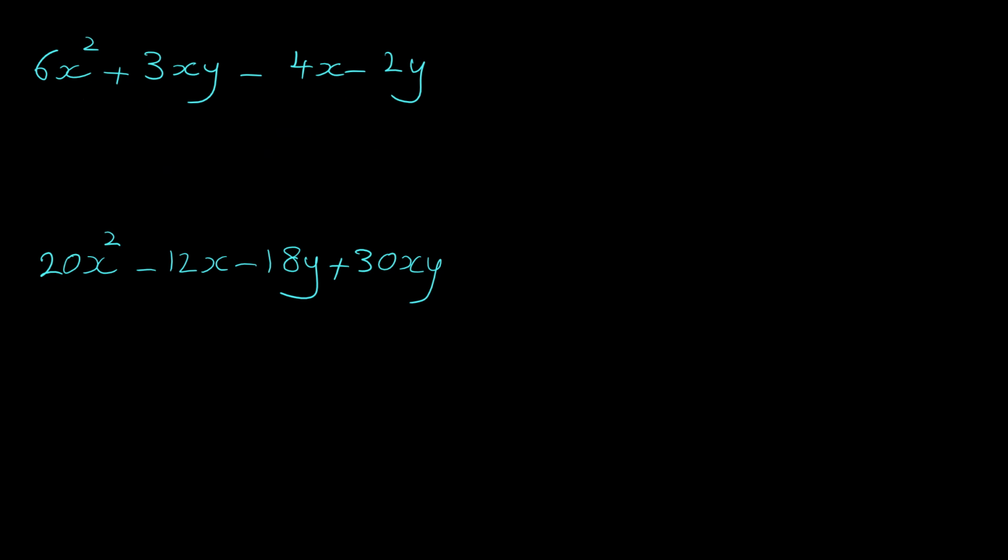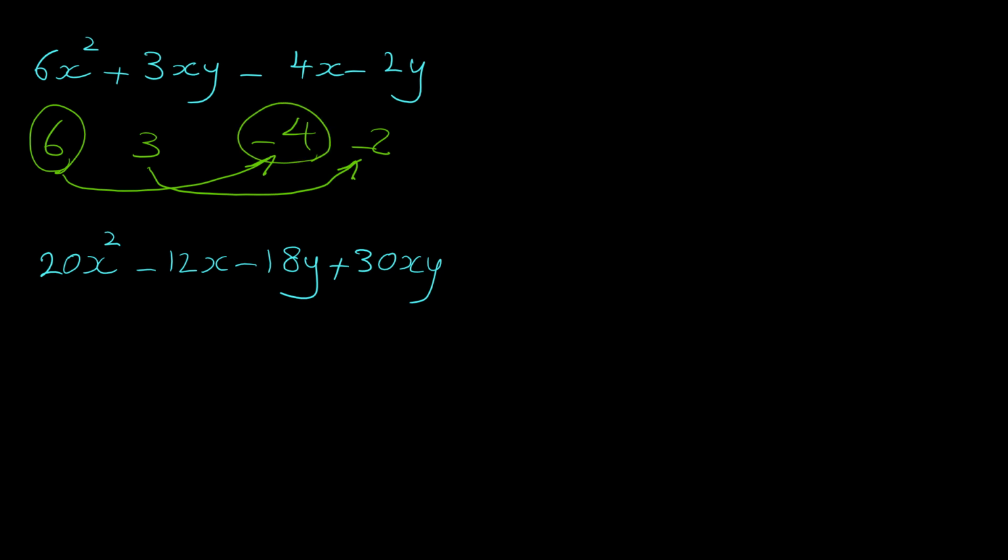Let me tell you another thing about the coefficients: 6, 3, 4, 2, or negative 4, negative 2. If you divide 6 by 1.5, you would get 4. 3 divided by 1.5 would give you 2. Or the opposite way, if you multiply 4 by 1.5, it would be 6. 2 times 1.5 is 3.